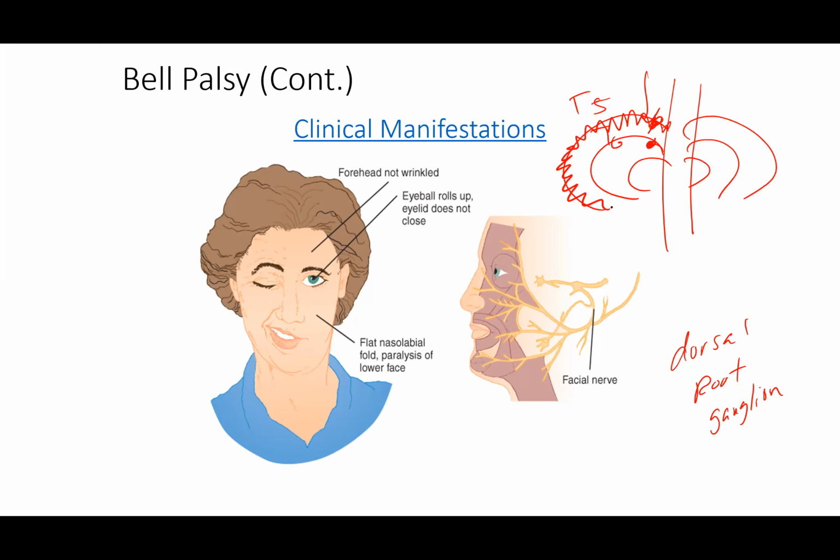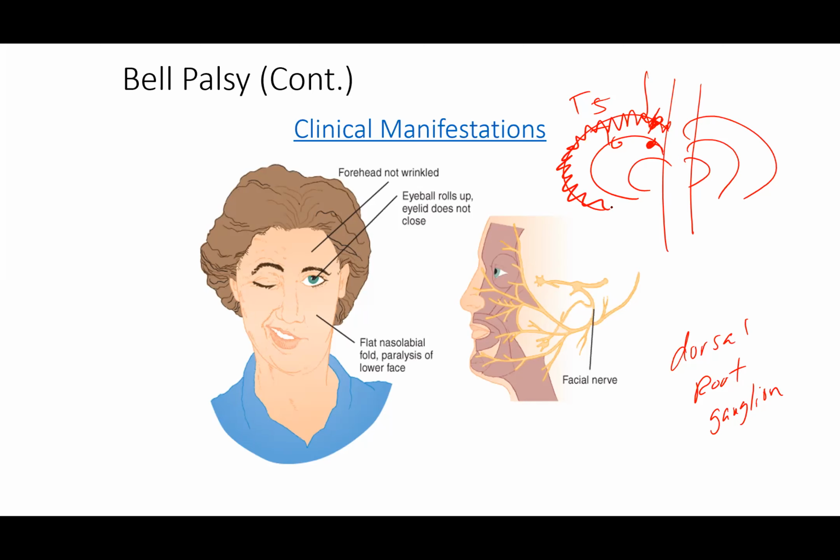Well, this can also happen in the face, right? So the different ganglions that operate the cranial nerves, such as the facial nerve, can become irritated. And so when that happens, you get a temporary paralysis of the face.